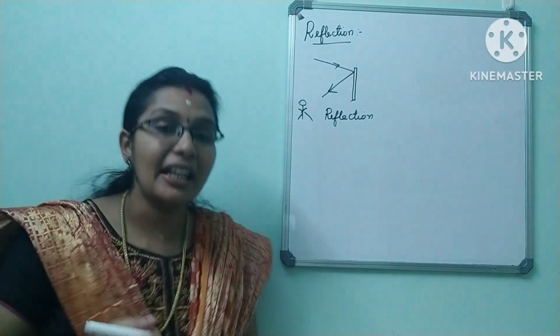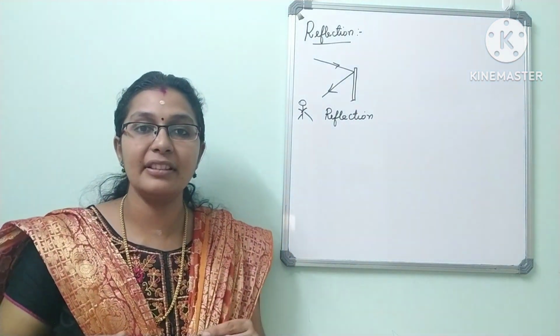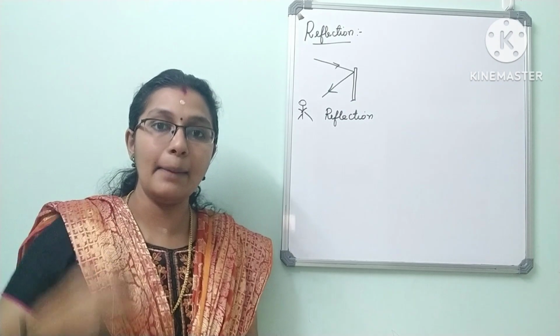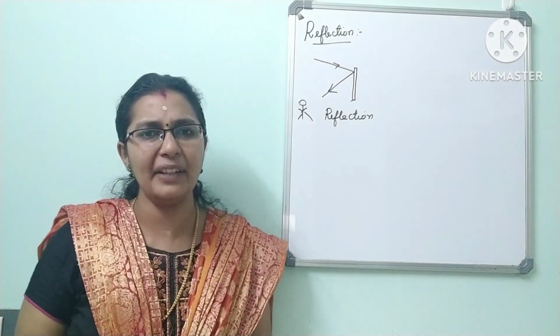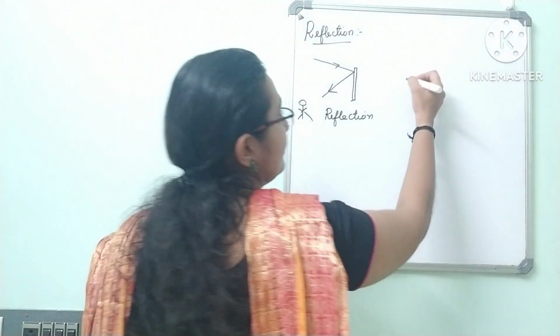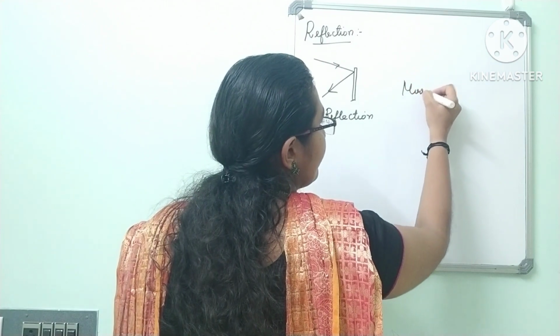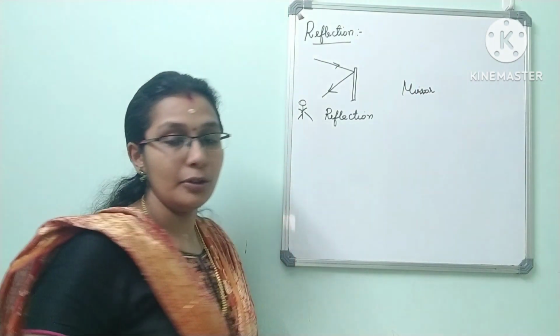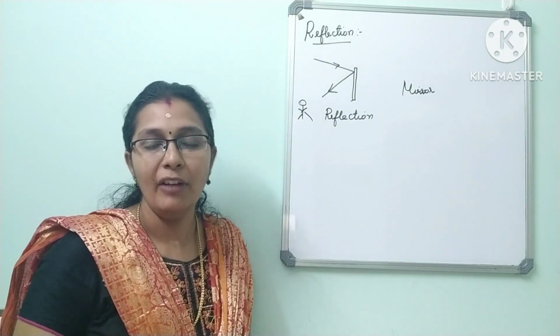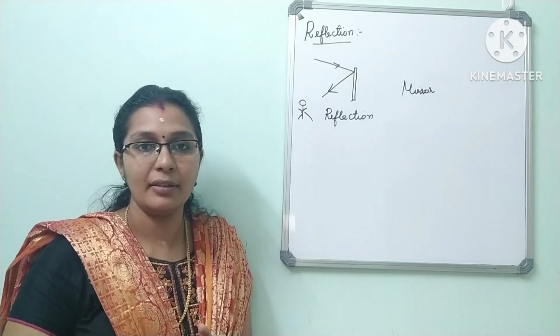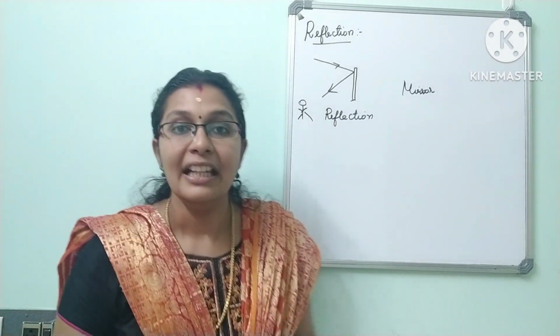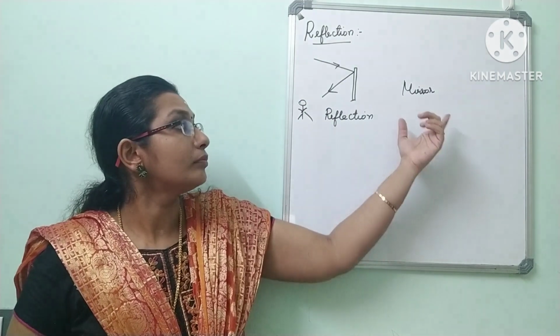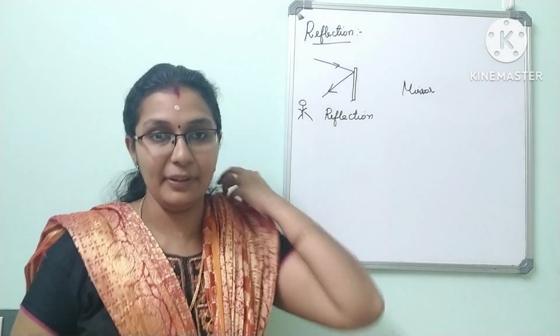Clear? So can you tell me one of the most commonly used examples of reflection or a reflecting surface? Mirror. You know why a mirror is used? Why the mirror? Why don't we use any other object? It is because it is one of the most reflecting surfaces.